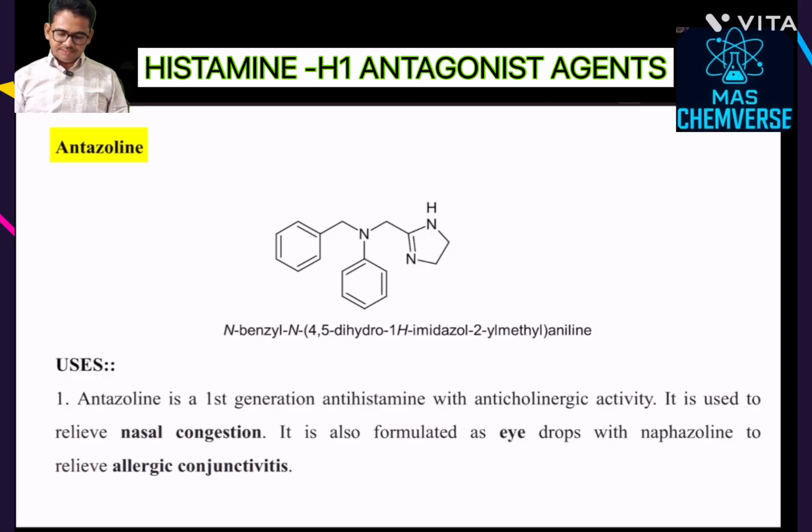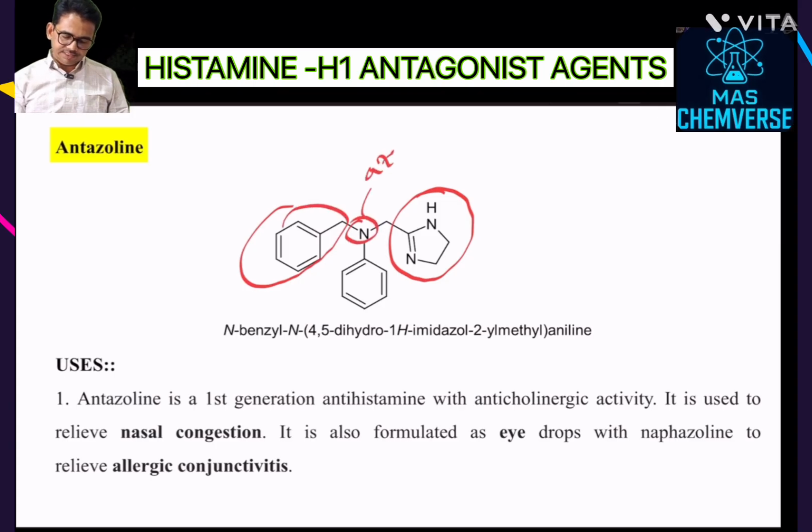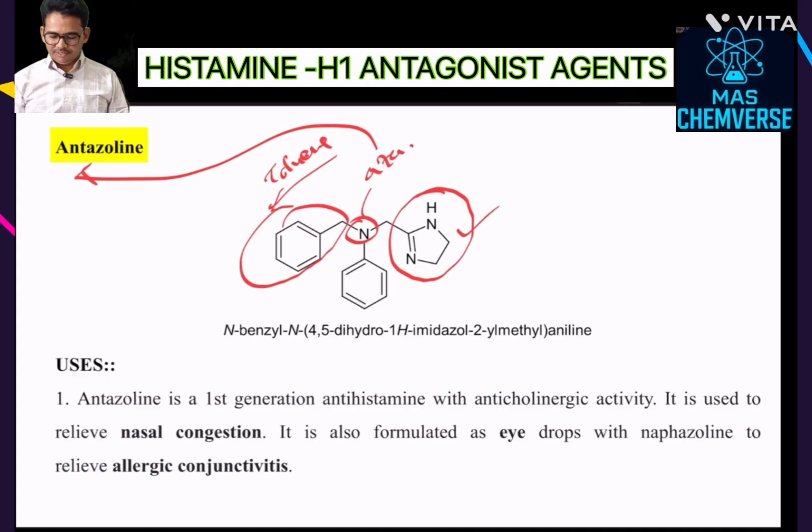Then azatadine, because it is attached to the imidazole. And we might know here the toluene is there. This is aza, and this is toluene. That's why it is called a toluene, which will be attached to the imidazole, that is the 1H imidazole.